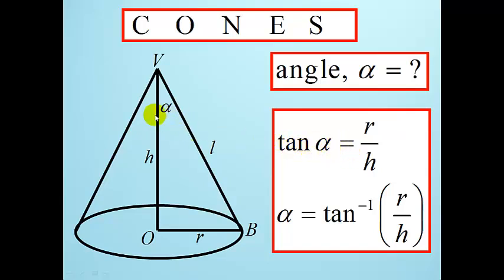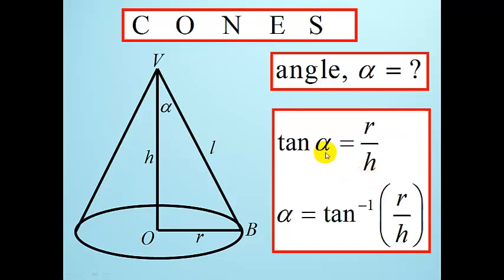So, opposite to the angle alpha is R and the adjacent is h. So, if tan alpha is opposite over adjacent, then it's equal to R over h because the opposite is the radius and the adjacent is the height, that is h. So, tan alpha is equal to R over h.